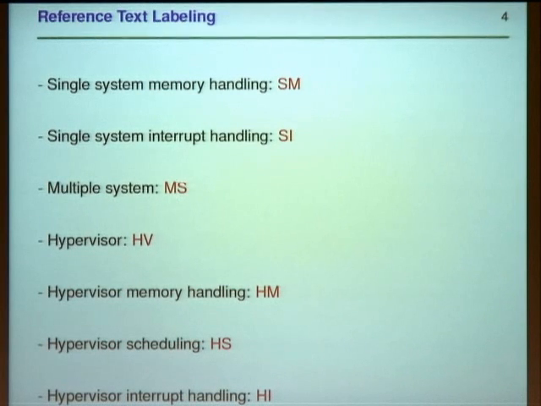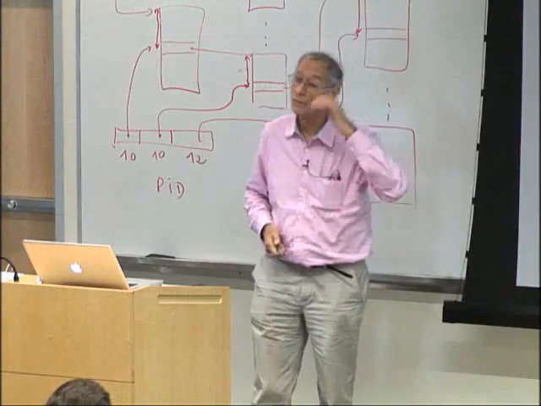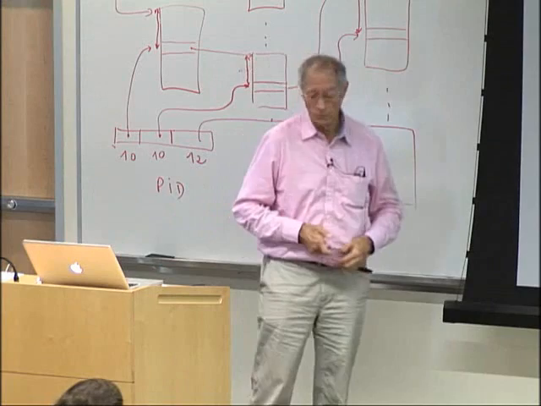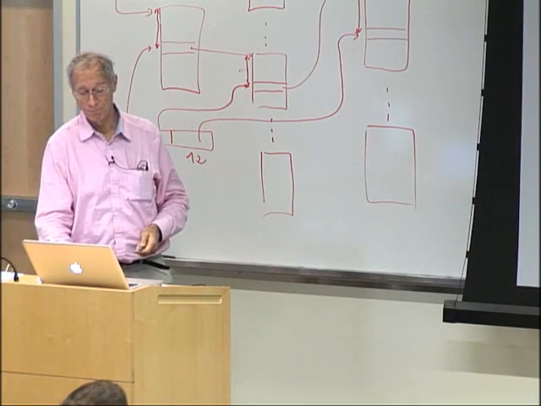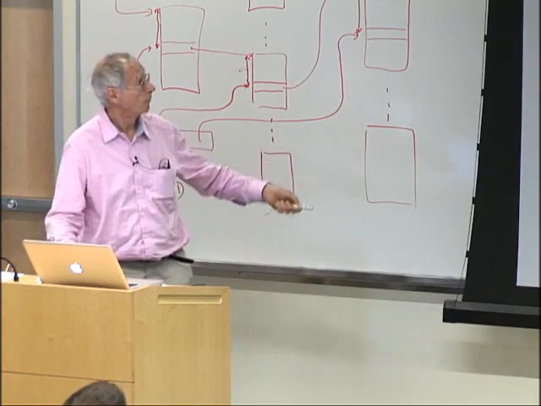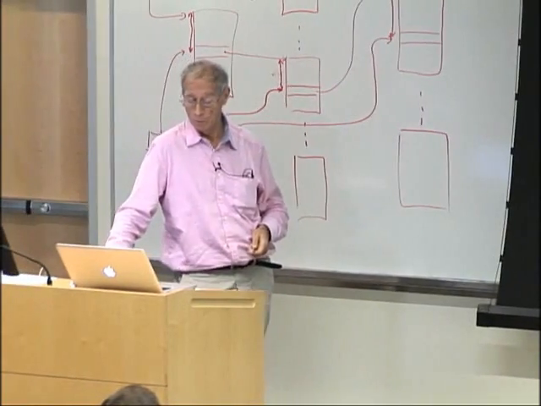So we have a requirement MS, HV for the general requirements for the hypervisor, and then the handling of the memory, which corresponds to this, and the handling of the interrupt, which corresponds to this, and in the middle, the problem of scheduling of the various guests by the hypervisor. Okay, so let's go through these requirements.